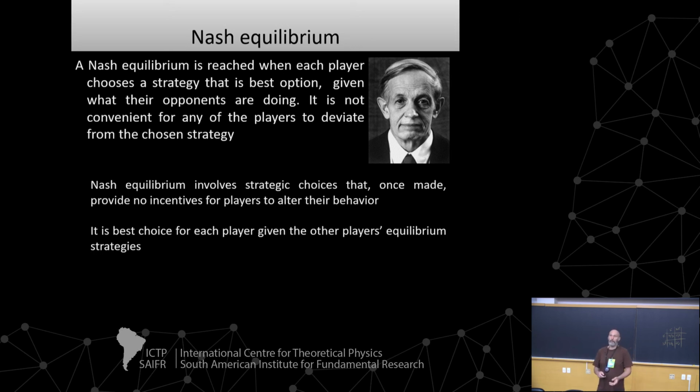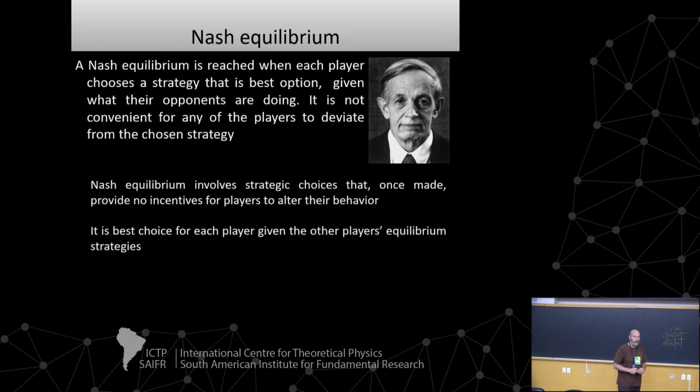And the same occurs for the other players. So the players are stuck in a given choice because this is the best thing they can do. If they move from this choice, things will be worse for them. Okay? This is the idea of a Nash equilibrium. Anyway, we will see this again in a more formal way.